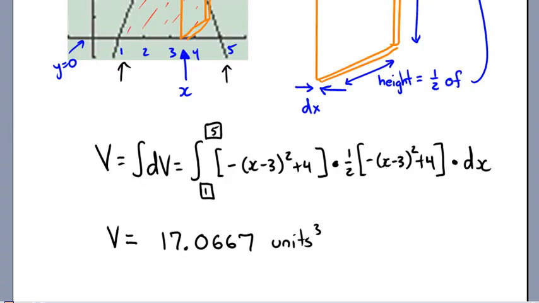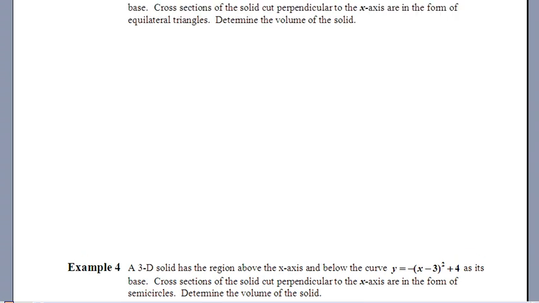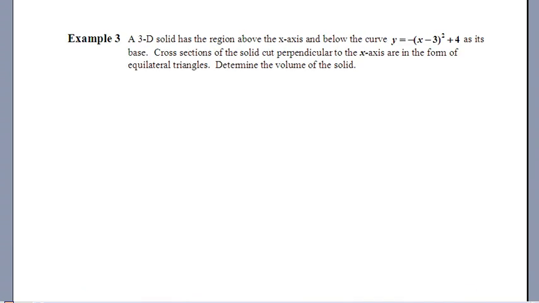Okay, so last two examples, last page here. Same story again, but this time when you cut them, you have to end up with these equilateral triangles. Okay, no big deal. We should be able to pull that off. So it's generally the same plan.